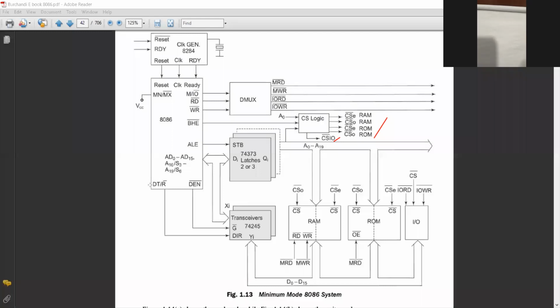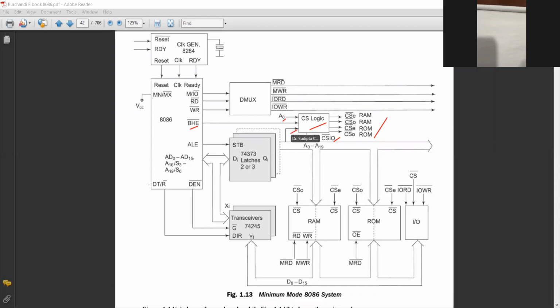So this CS logic, I'm talking about this CS logic. The CS logic is connected with A0, with BHE bar, and with some portions of the address bus.